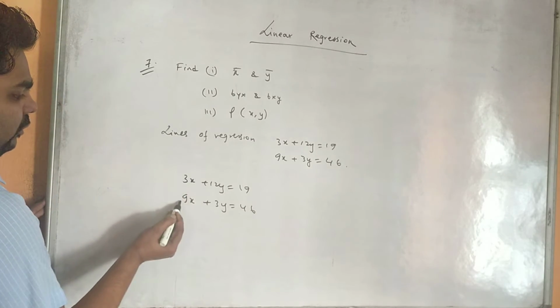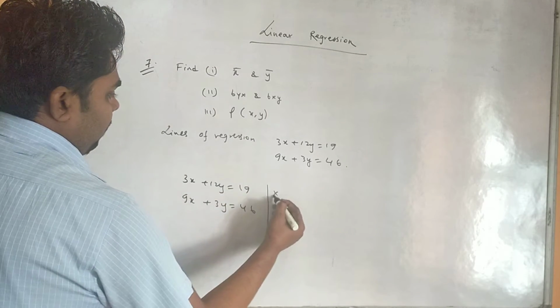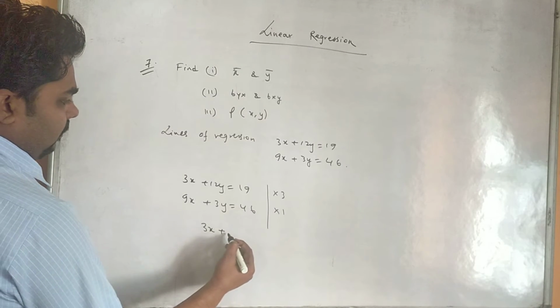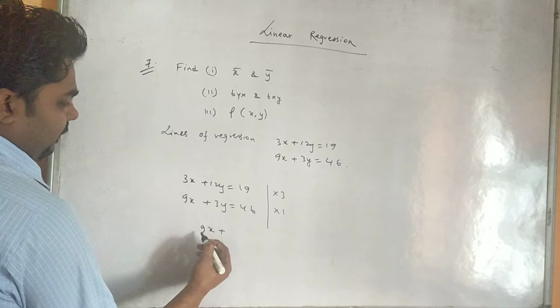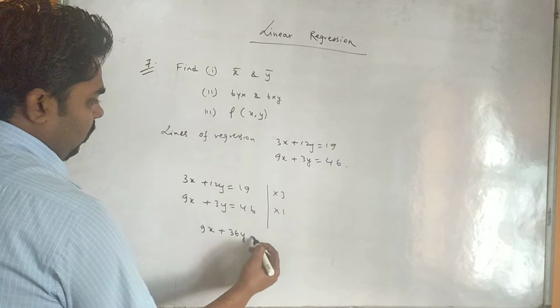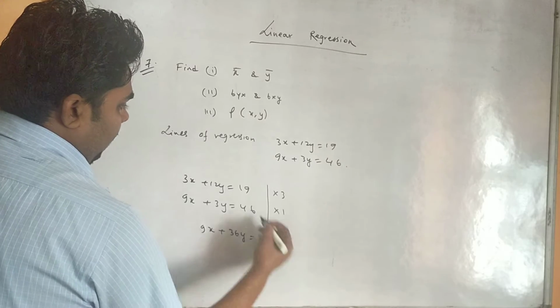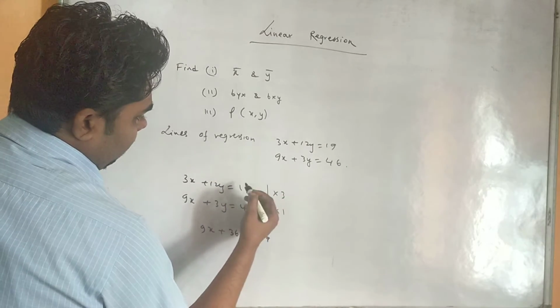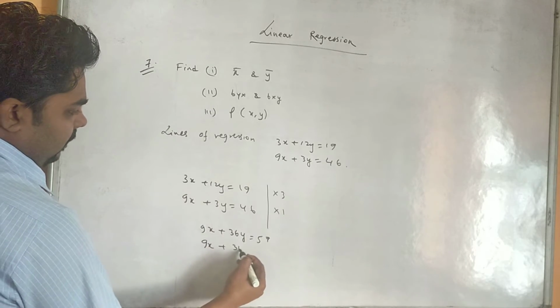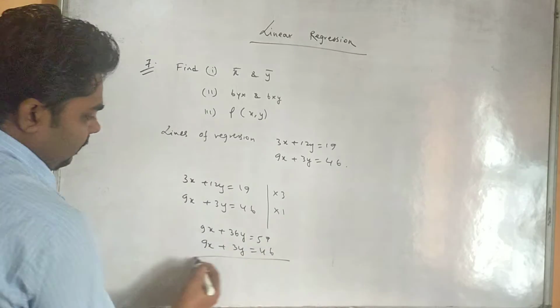So what is the LCM of 3 and 9? That is 9. So we multiply by 3 here, and here we multiply by 1. So here you will get 9x, 3 into 3, 9x, plus 36y equals 57, and here 9x plus 3y equals 46, right?